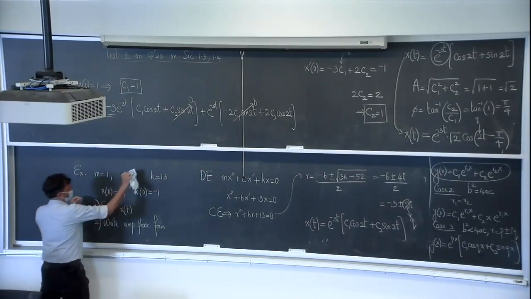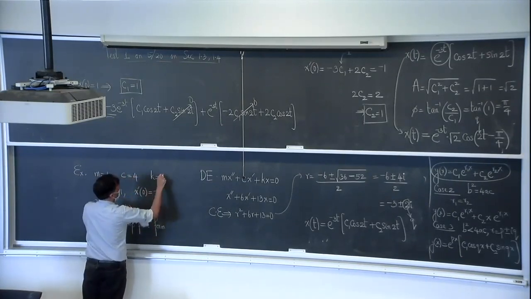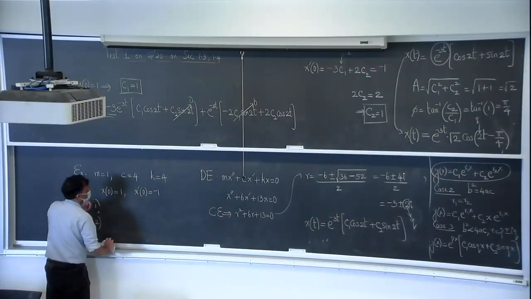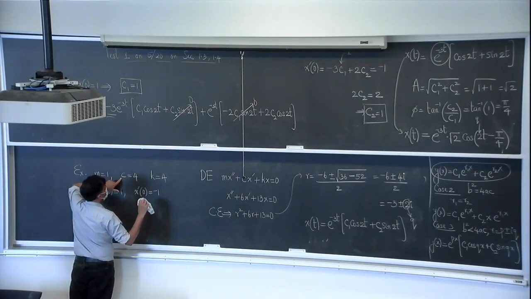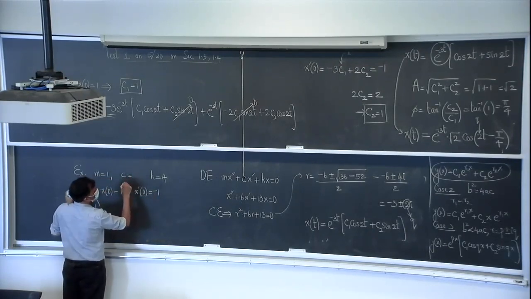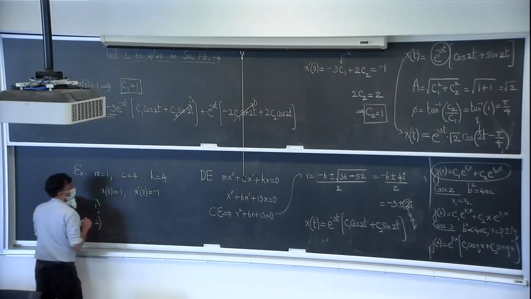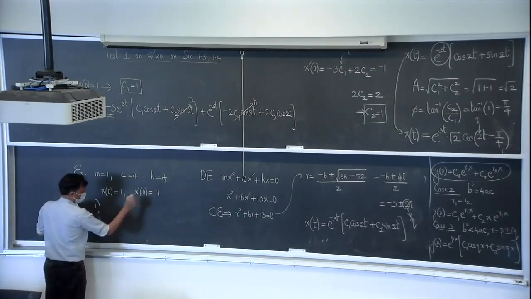Can you quickly do this one? C equal to 4, K equal to 4. 1, 1, 4, and 4. 1 and negative 1.